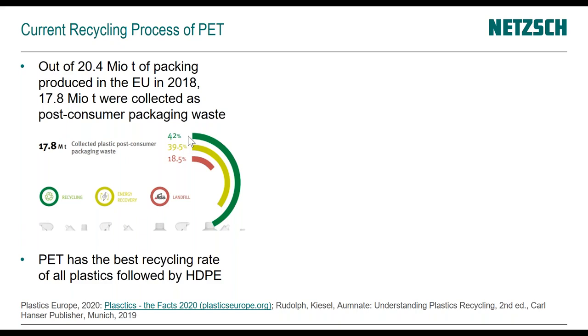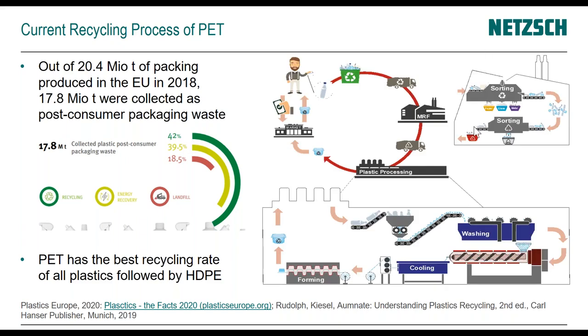So how does the recycling process for PET look? We start with the consumer, we throw it away. It's somehow collected in a system, the green dot system, for example, and brought to a material recovery facility where it's then sorted. Paper, glass, metal, and plastics are all sorted out and ideally already separated in particular plastics.